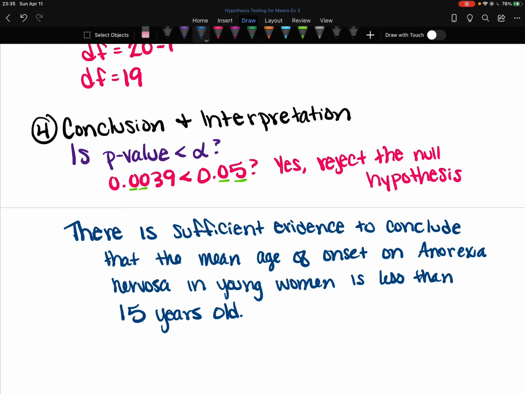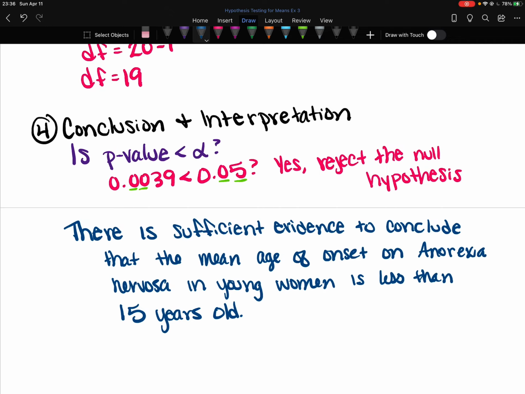If I am doing this hypothesis test and I am part of an outreach program, and my outreach program has only been going to high schools to talk to young women about eating disorders and about nutrition and being good to your body and exercise and all of those things. This hypothesis test shows that waiting until high school means that we are getting to them too late.